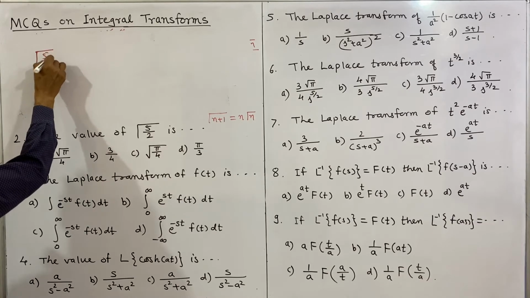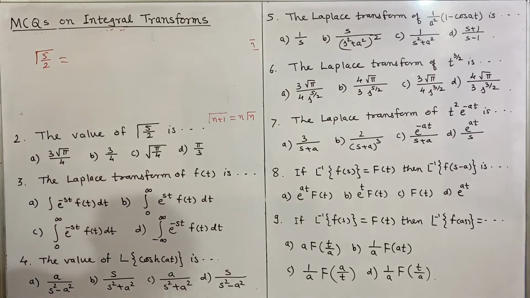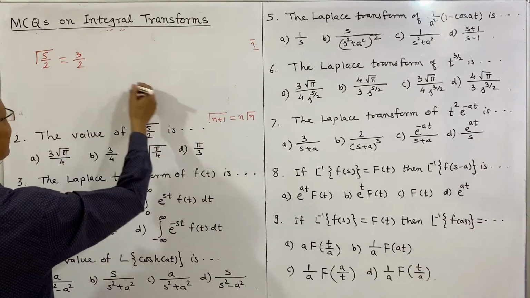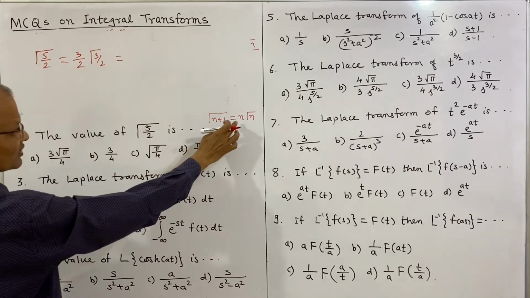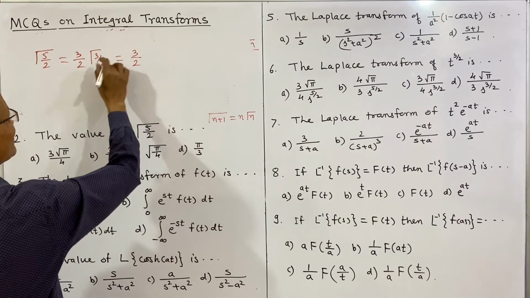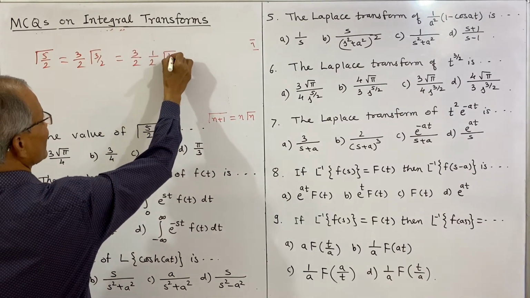Gamma of 5 by 2 will be equal to, reduce one number by 1, that is 5 by 2 minus 1. 5 by 2 minus 1 we know is 3 by 2. So, this is 3 by 2 into gamma of 3 by 2. Again, gamma of 3 by 2 can be reduced using this same result, and that will be 3 by 2 minus 1 means 1 by 2 into gamma of 1 by 2.